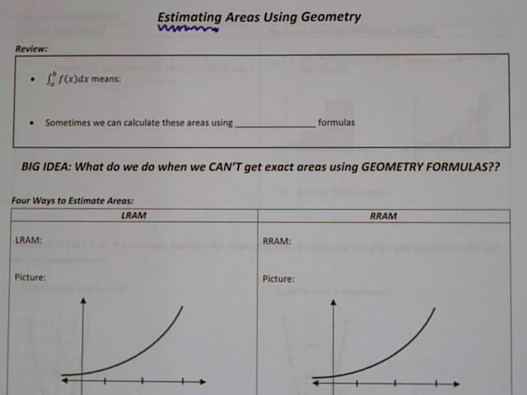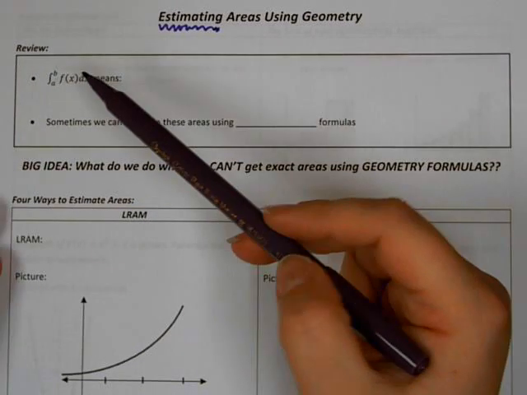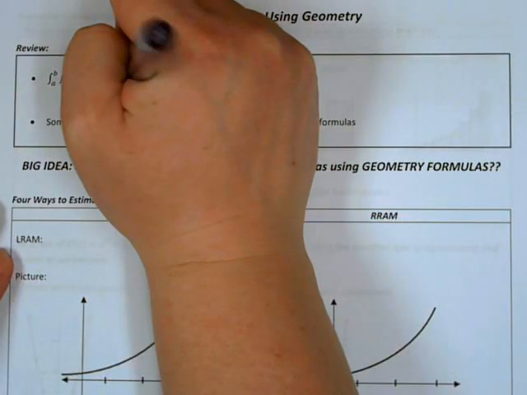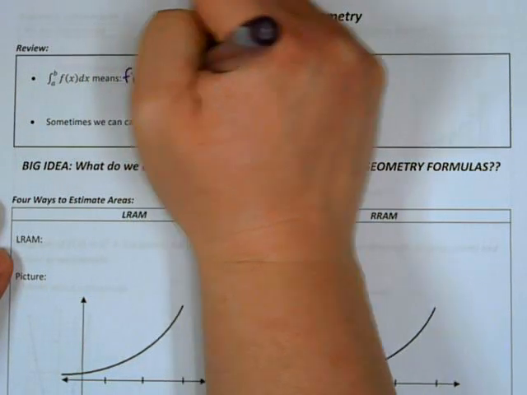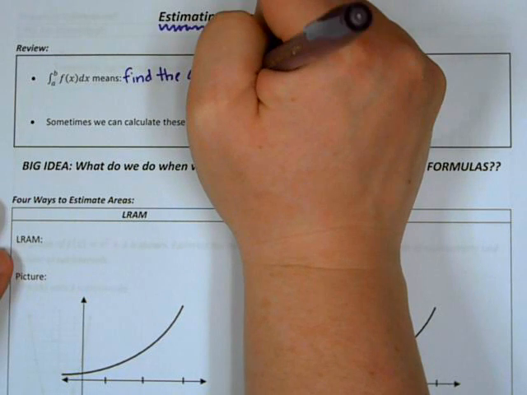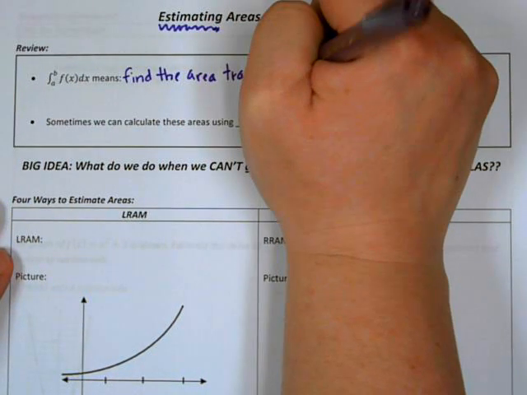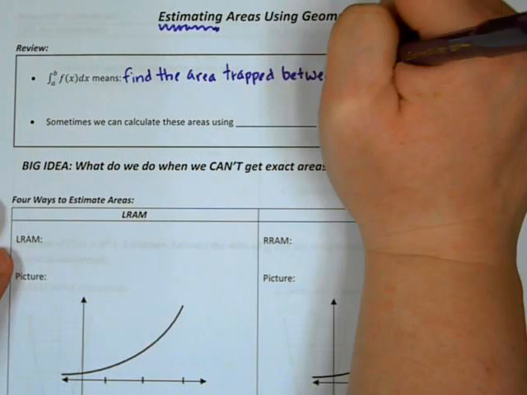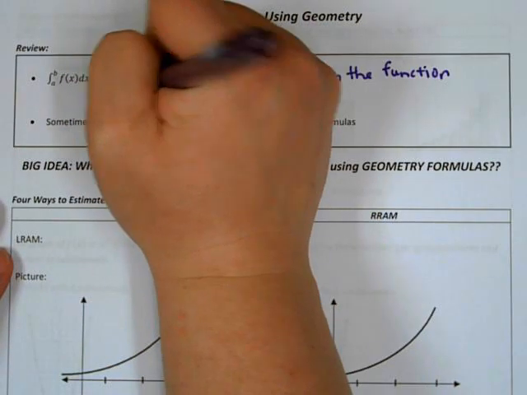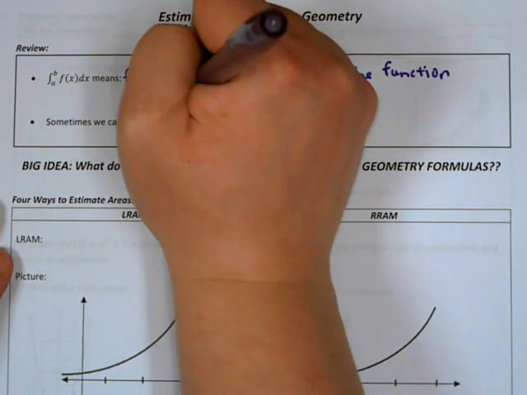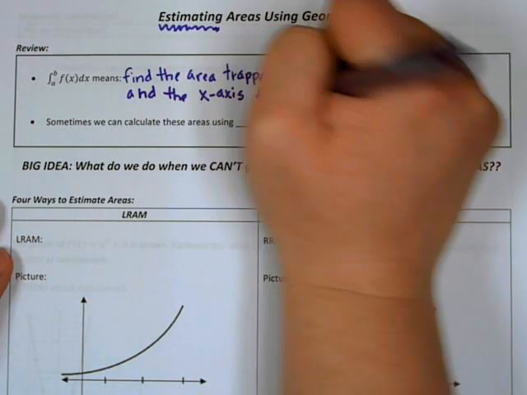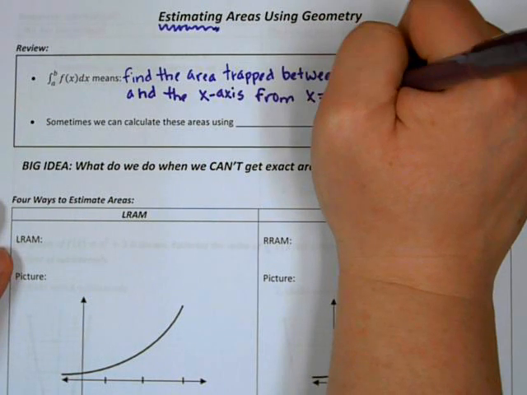All right, so let's first talk about what this integral symbol means. We know the integral from a to b of f of x dx means find the area trapped between the function and the x-axis from x equals a to x equals b.